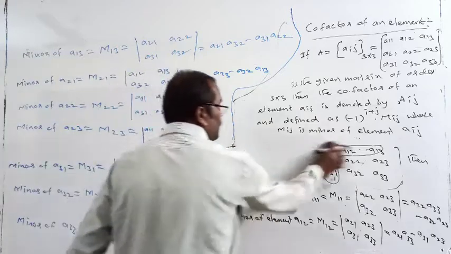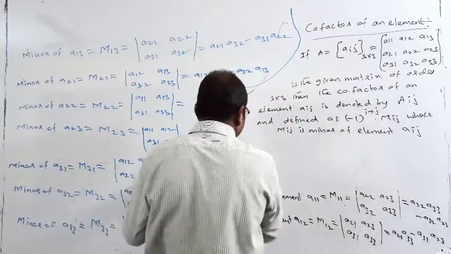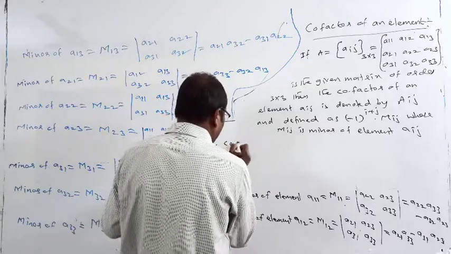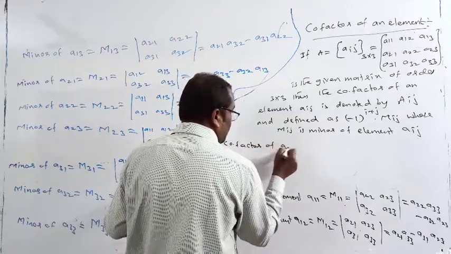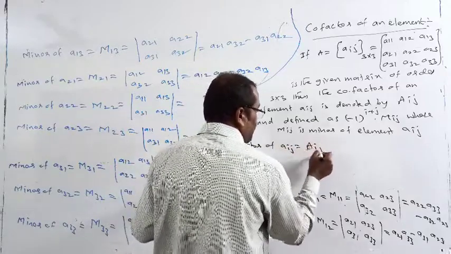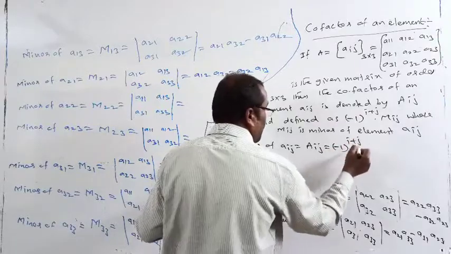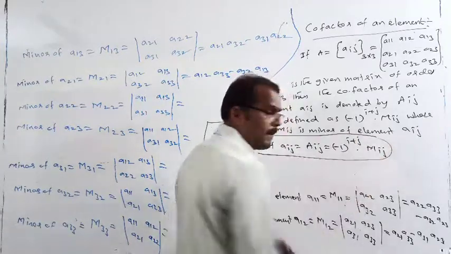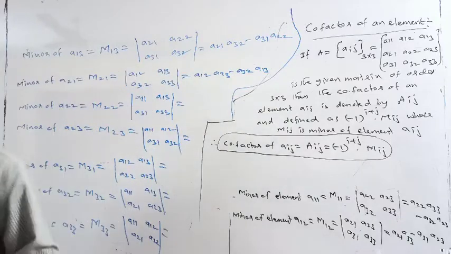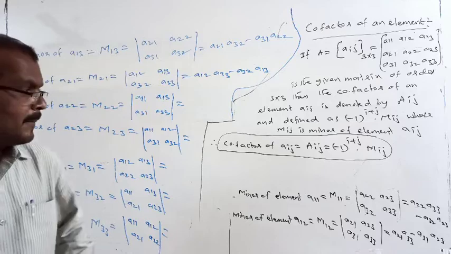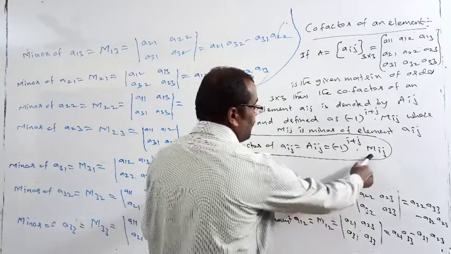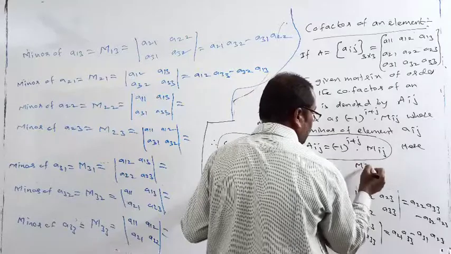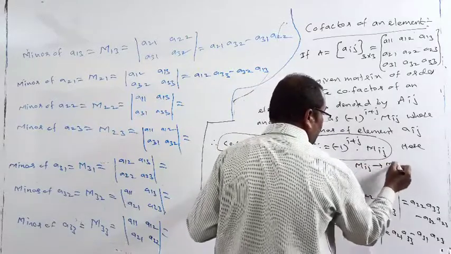So therefore, see this one. Cofactor of small aij is equal to the formula minus 1 whole power i plus j into Mij, where Mij is already taken as the minor of aij.